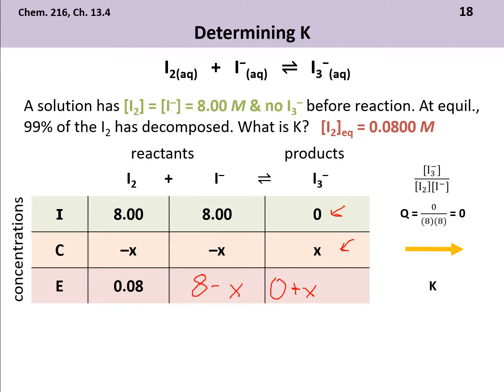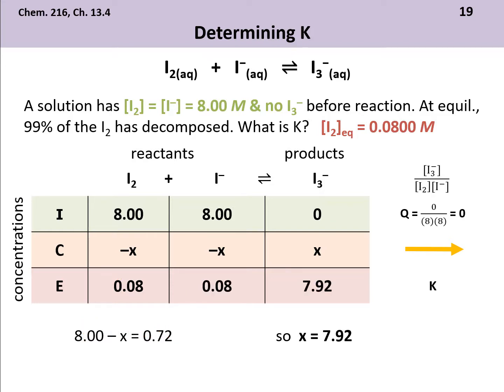So what is x? Right? Well, this one is also 8 minus x. But we know that 8 minus x is equal to 0.08. So that means that if 8 minus x is 0.08, that means that x must be 7.92. Okay?